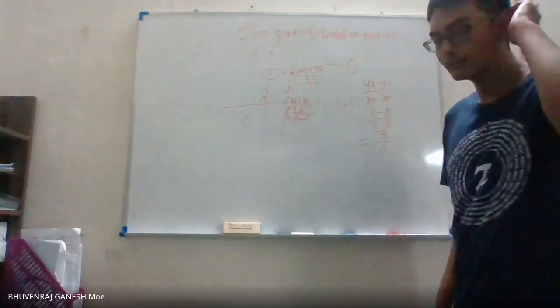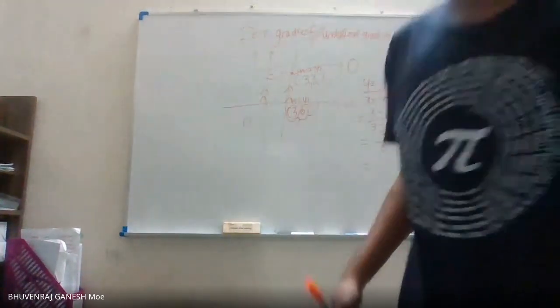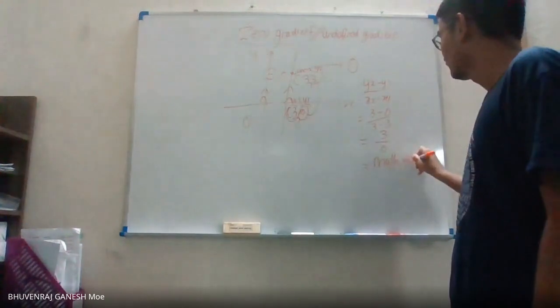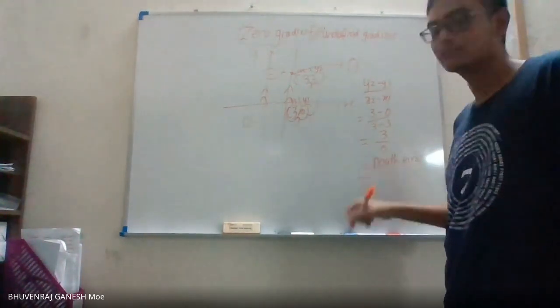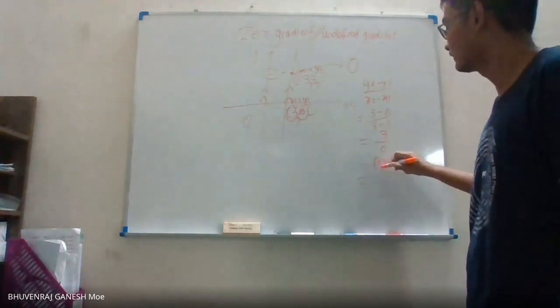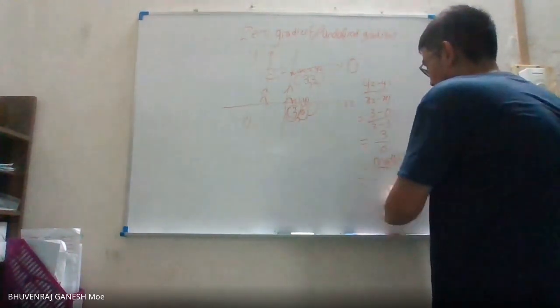When you get anything over 0, you type it in your calculator and you will see a math error. Anything divided by 0 is undefined. Undefined means infinity.